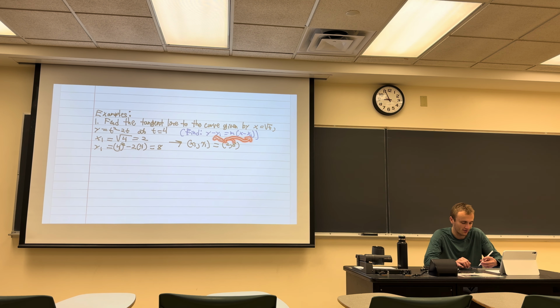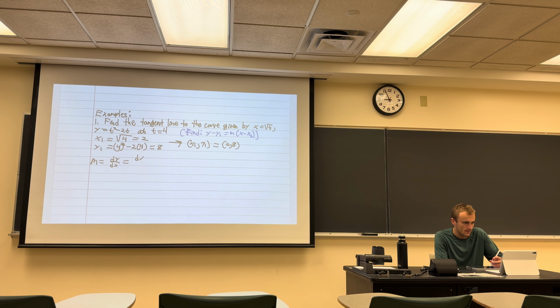Now we just have to calculate m. This is where the differentiation comes in. Remember, m equals dy/dx, which equals dy/dt over dx/dt. That's taking the derivative of t squared minus 2t, our y value, and then taking the derivative of our x value, which is square root of t.